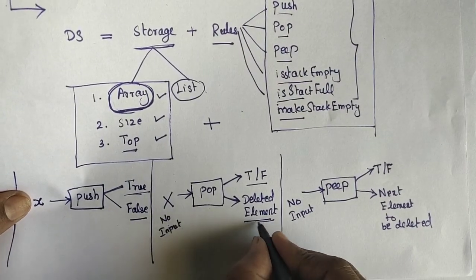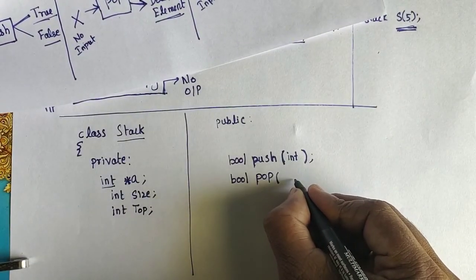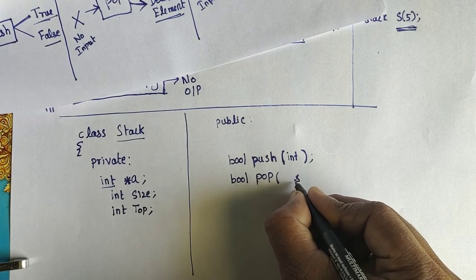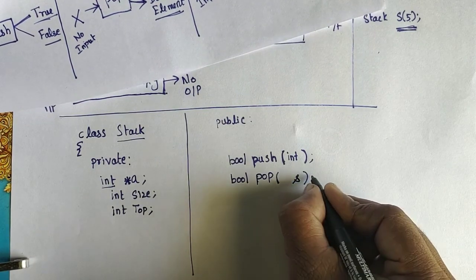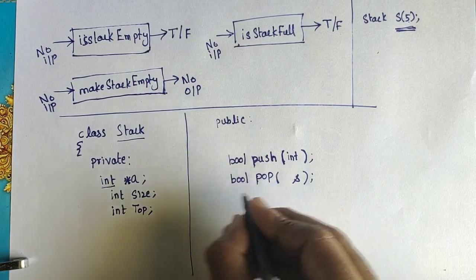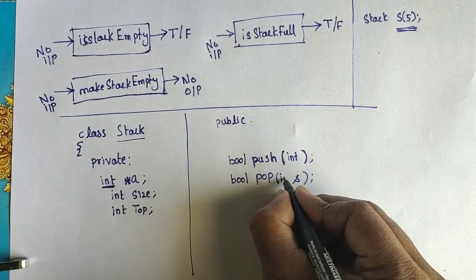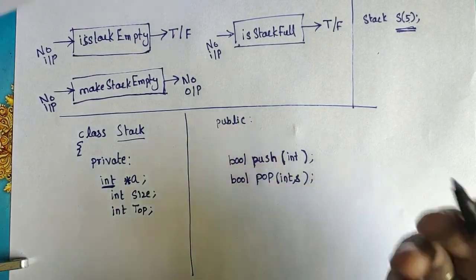The deleted element is returned to the caller by using an ampersand, that is, call by reference. What type of element is returned from pop? It depends on the type of the array. So for int type, it should be int ampersand.